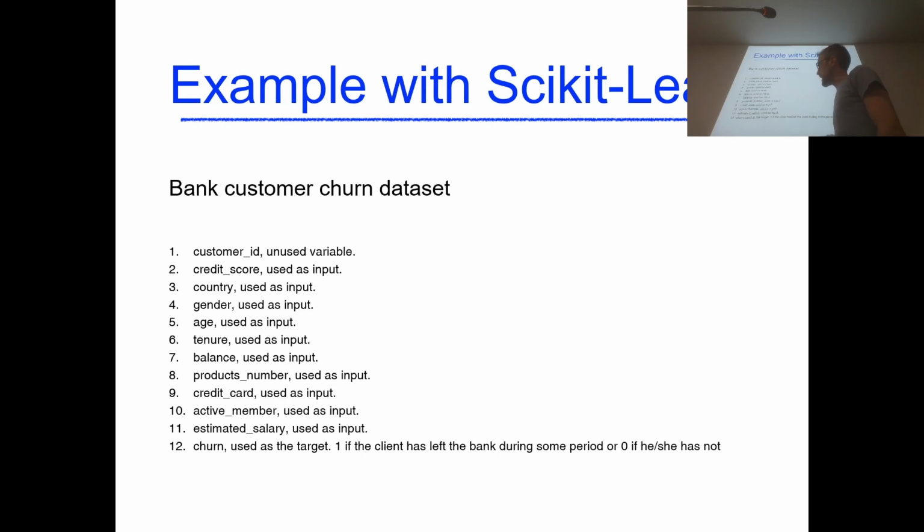Tenure, I think, is the kind of job, the lifestyle. The balance, how much money it has on the account. The kind of financial products I think the user is subscribed to. The kind of credit card it has, all this kind of stuff. Obviously, there is the target variable, which is the churn. One, if the client has left the bank during some period, 0 otherwise.